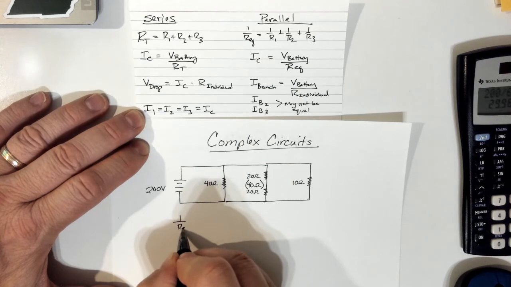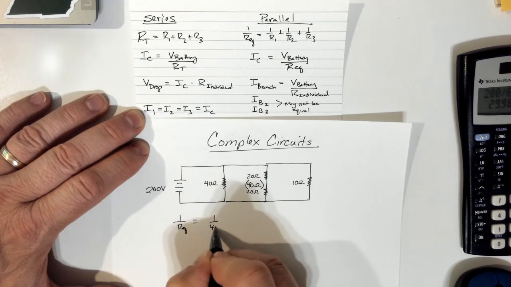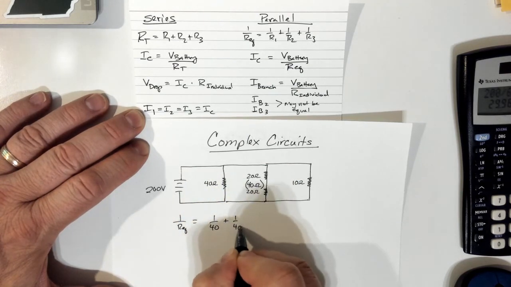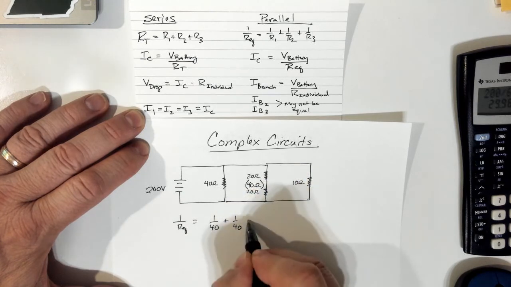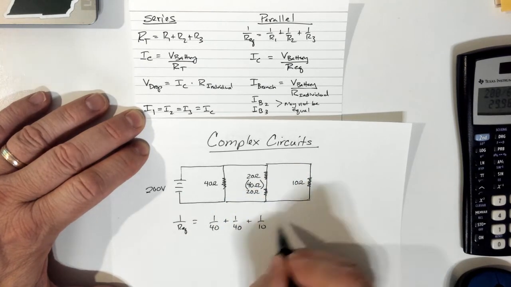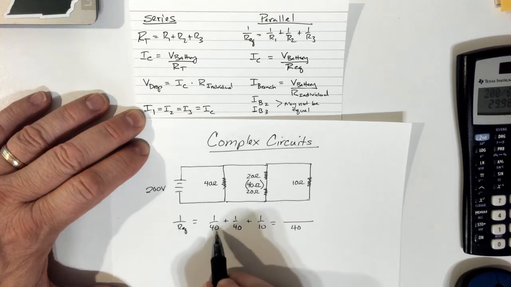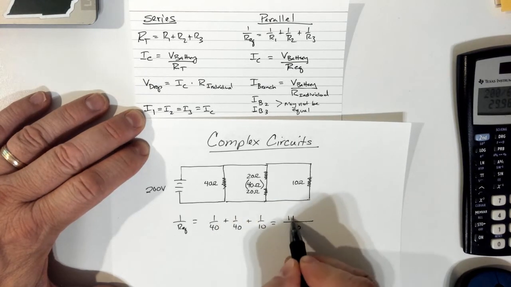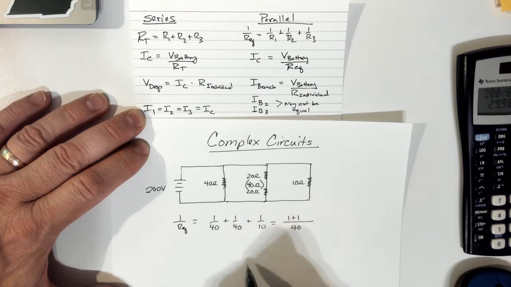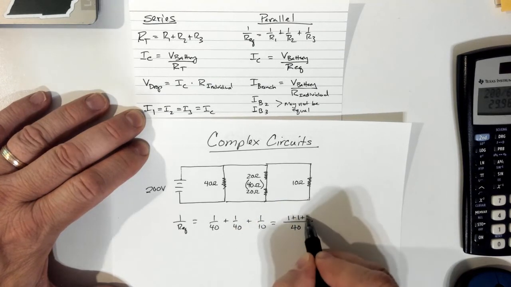1 over R_EQ equals 1 over R40 plus 1 over R40, because they're acting together as a team, plus 1 over 10. For the common denominator, I know they all can go into 40. So 40 goes into 40 one time, plus 40 goes into 40 one time, and 10 goes into 40 four times. That's 6 over 40.